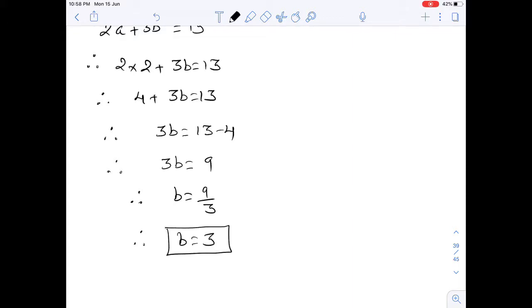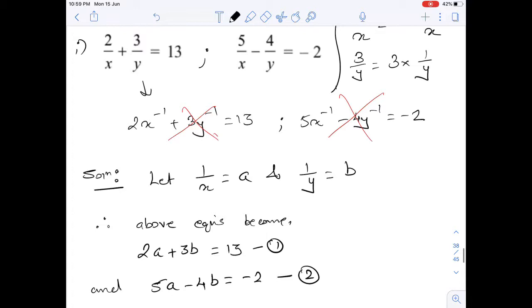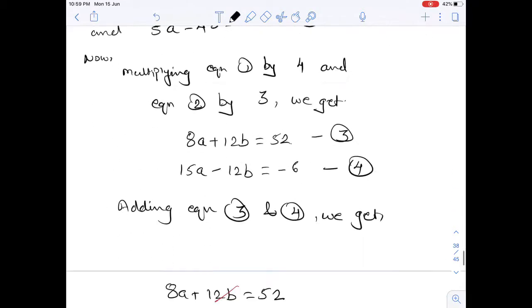Okay, now we have the values of both a and b. But if you look above, a is nothing but 1 upon x, and b is nothing but 1 upon y, and this x and y are our original variables. So instead of a, we are going to put 1 upon x.